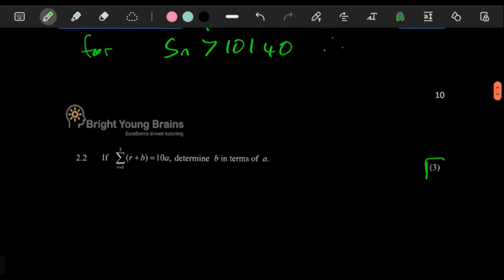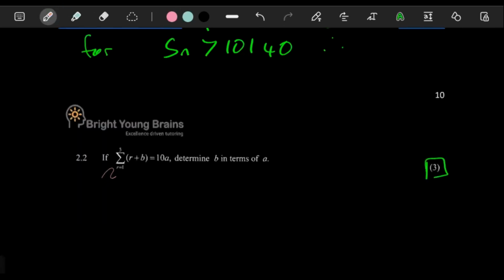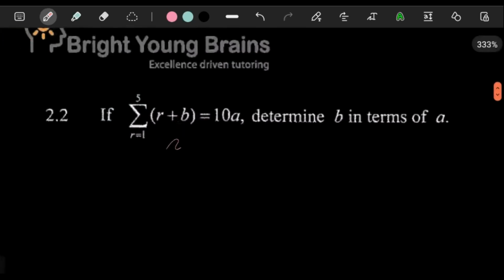For 3 marks, they said, if your expression here is equal to 10a, determine b in terms of a.